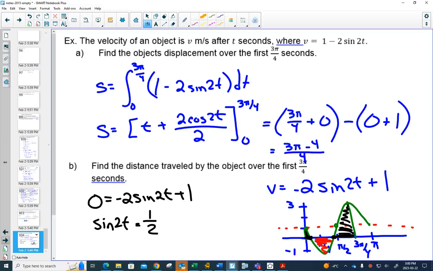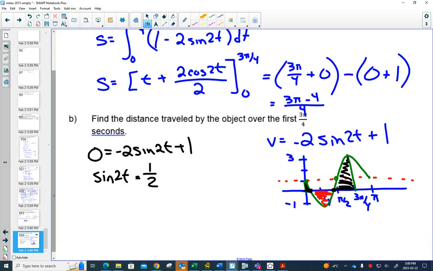Sine is equal to 1/2 in your pi over 6 family in quadrant 1 and quadrant 2. But we don't just have a t inside, we have a 2t inside. So that means the 2t that's inside has to equal pi over 6 and 5 pi over 6, which means t itself has to be pi over 12 and 5 pi over 12.